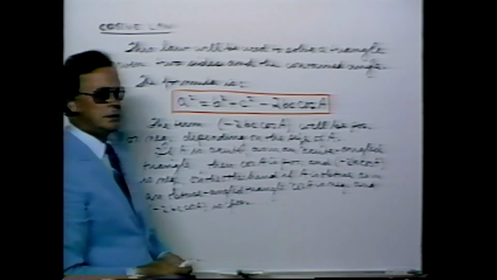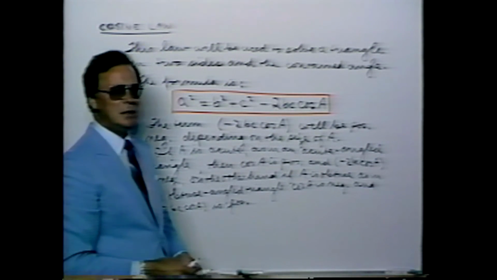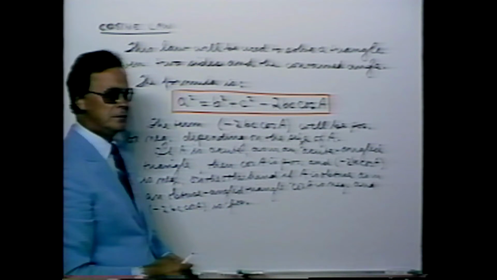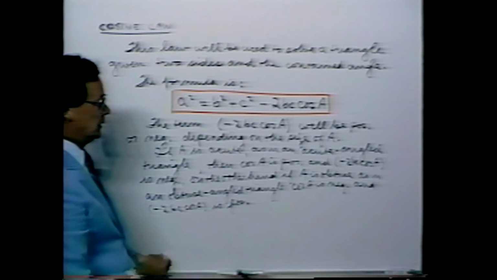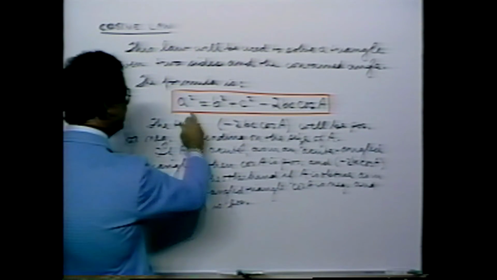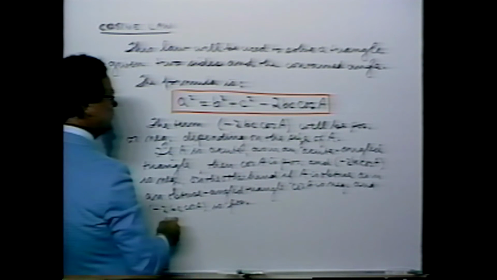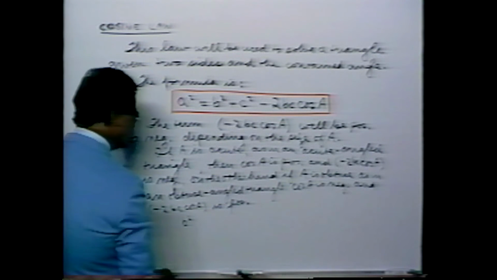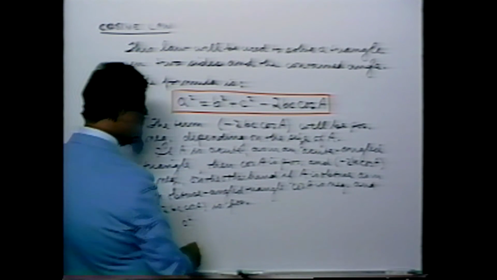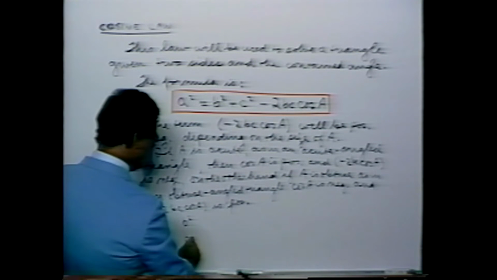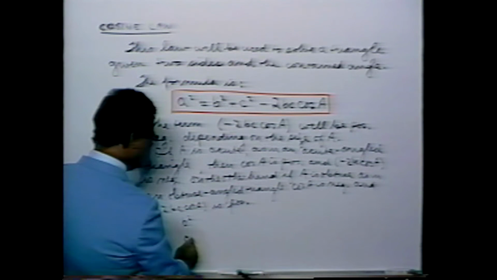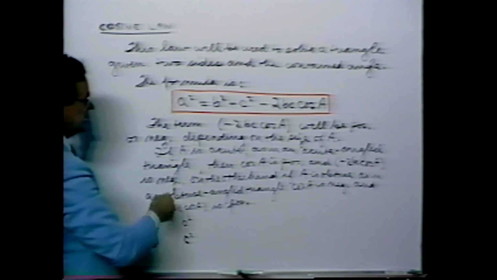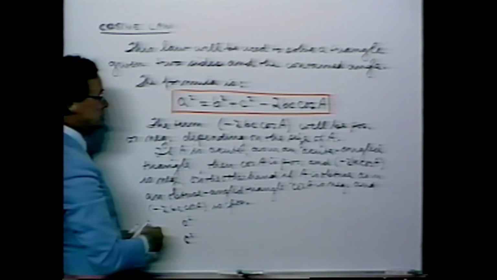Now, of course, if it's B or C that you have to find, because the other two sides are the ones that are given, then by association you should be able to write out the other two formulas. One for B squared and the other one for C squared. Now, once you memorize one of the formulas, like the one I have in the red box, you simply have to write the other two down by association.